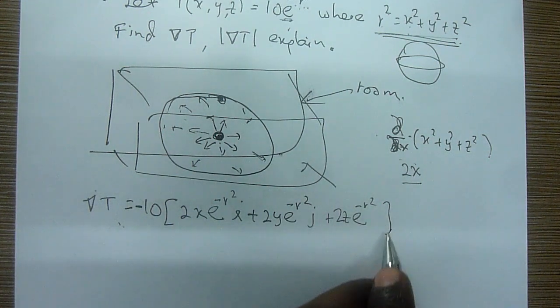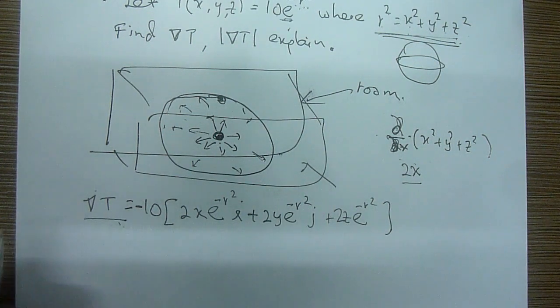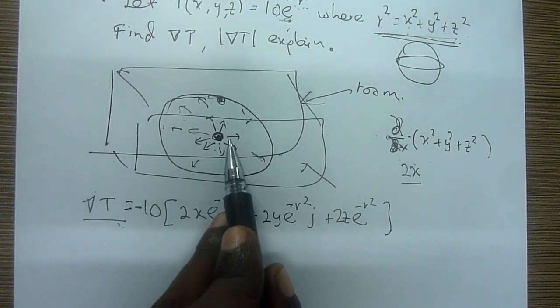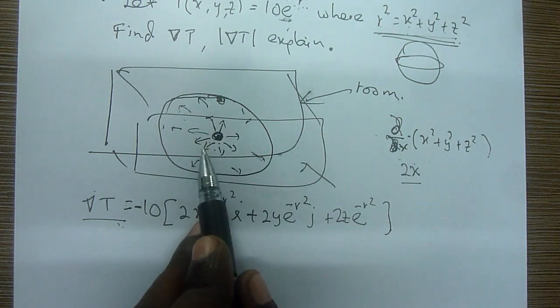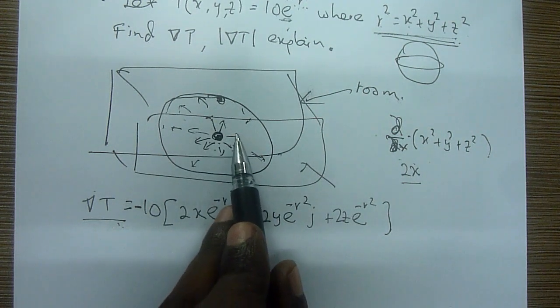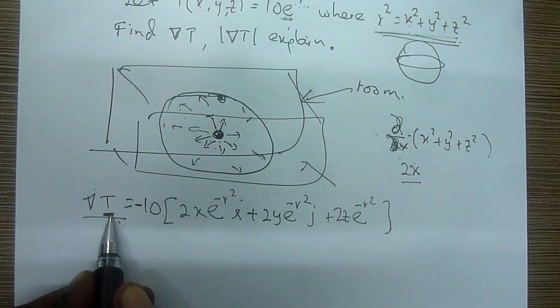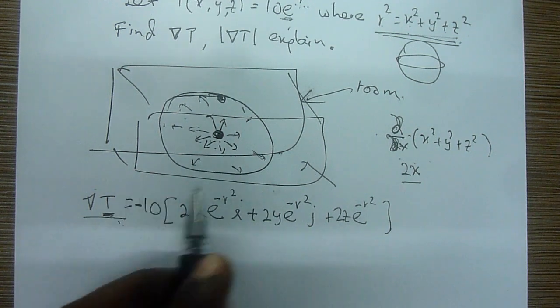What is this? The nabla T will give you the field effect of the rate of change, the change of directions, of T, the temperature. You can take it as the temperature.